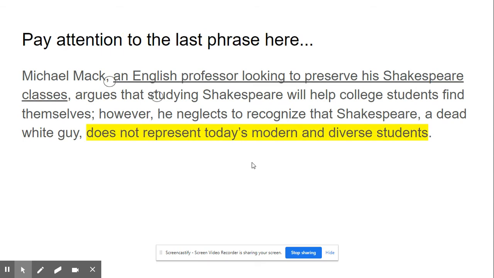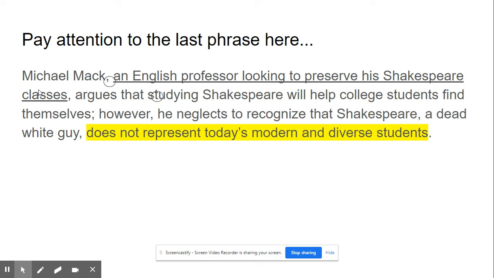All right, next I want to point out the evaluation piece that we've been focusing on, how we incorporated CRAP within this lesson. So Michael Mack, an English professor looking to preserve his Shakespeare classes. Okay, notice the part here that I underlined, an English professor looking to preserve his Shakespeare classes. All right, I'm trying to point out here his motivation.